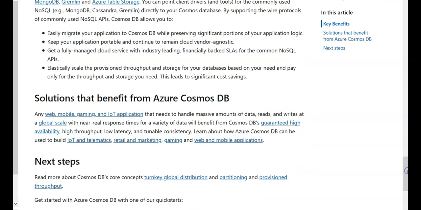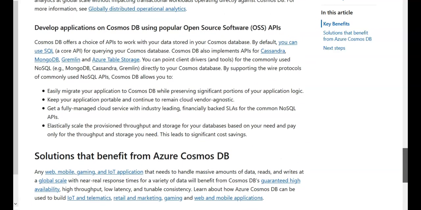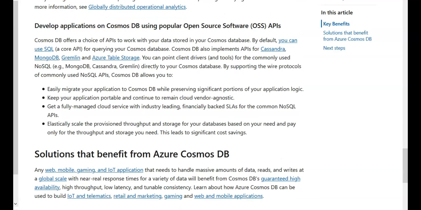The solutions that will benefit from Azure Cosmos DB are any web, mobile, gaming, and IoT applications that need to handle massive amounts of data, reads and writes at a global scale with near real-time responses. And because Cosmos DB guarantees high availability, it is used to build for IoT and telematics, retail and marketing, gaming, and web and mobile applications.